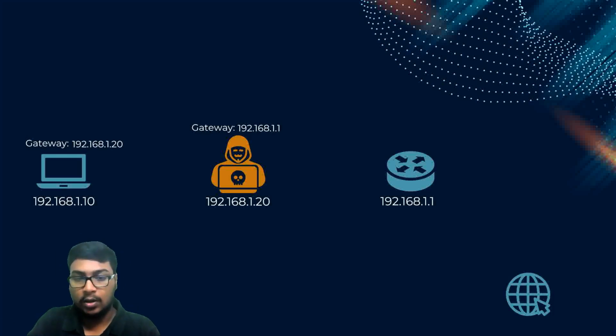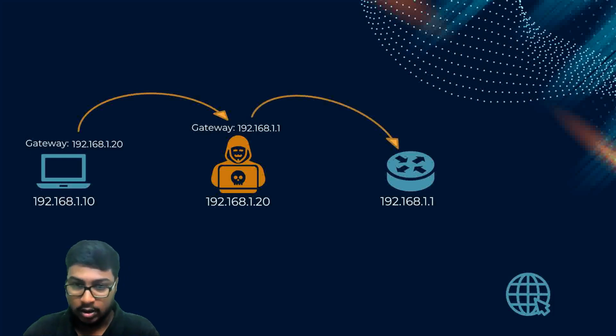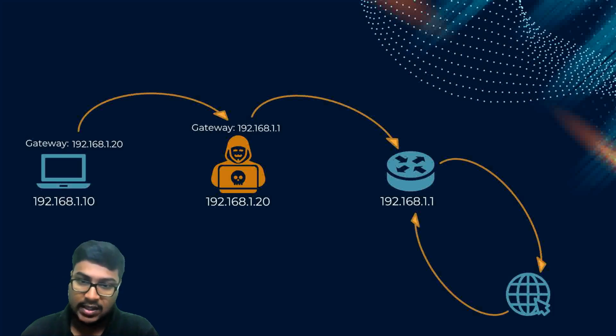And hence the next time the victim wants to access something over the internet, it will generate a request and send it to its gateway address, which is the address of the attacker now. Now this attacker will forward the request to its own gateway, which is basically the router, and this part of the communication remains the same.